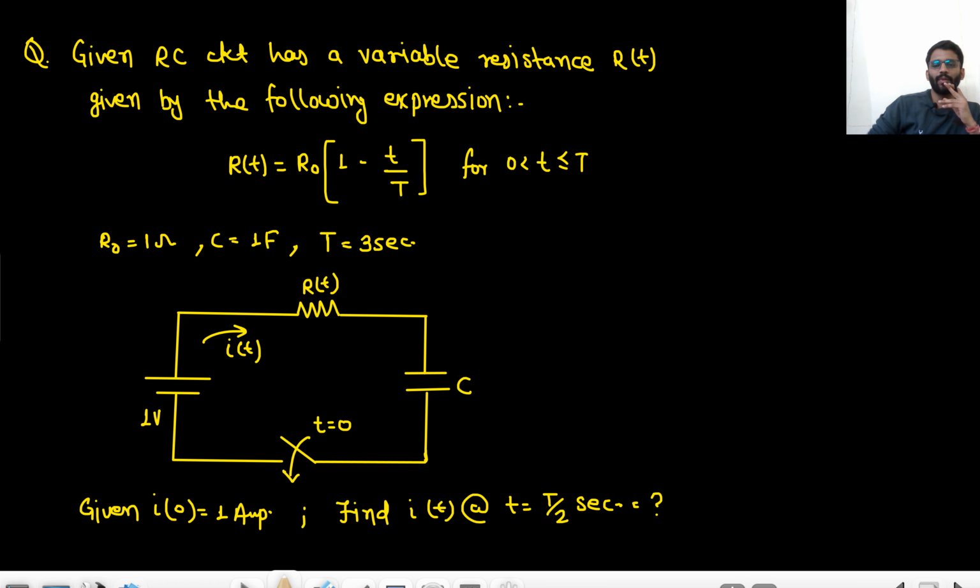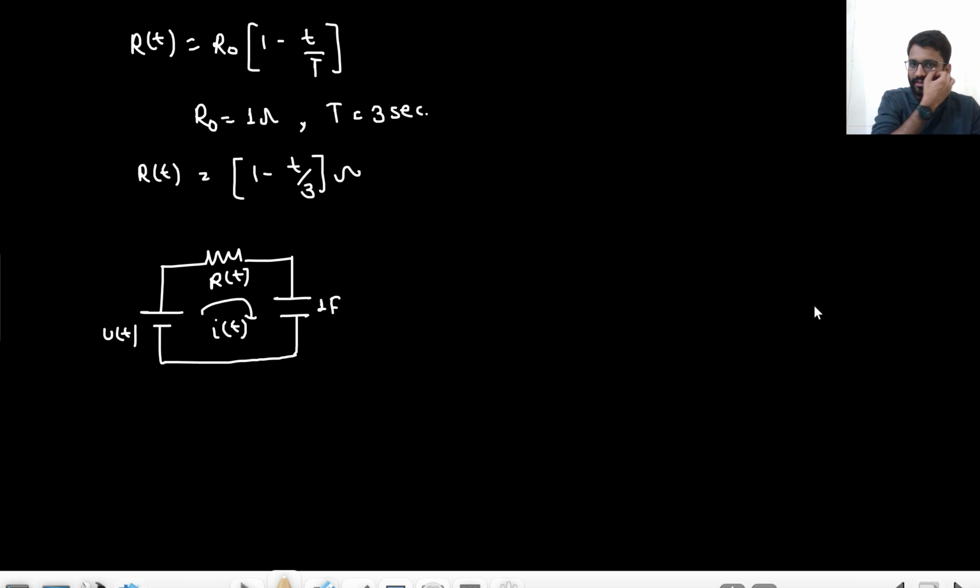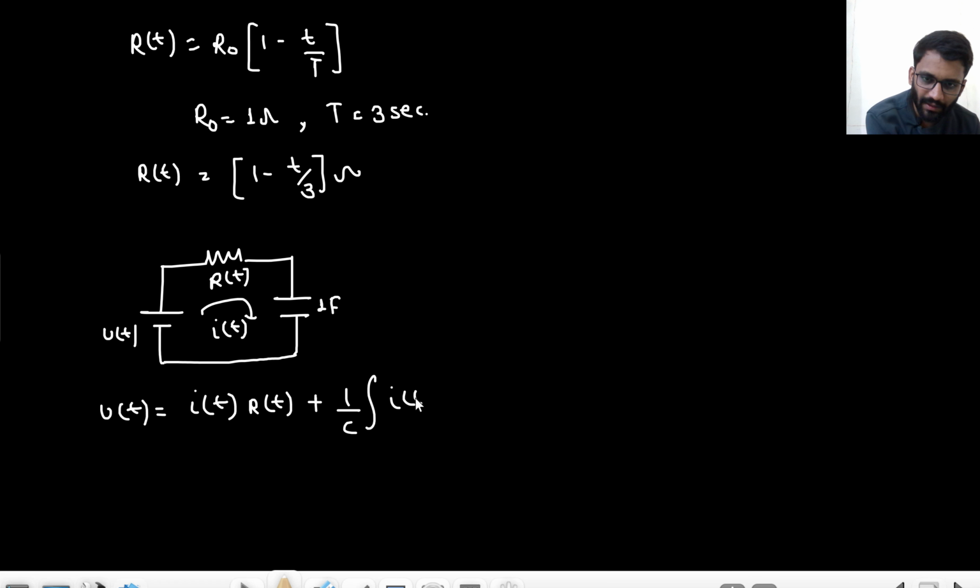I guess solving this problem in Laplace transform will be much easier or not? What do you think? Let's solve it in time domain, then we will try for Laplace. Okay, so I will write down the equation. u(t) equals i(t) into R(t) plus 1 by C integration i(t) dt from 0 to t.